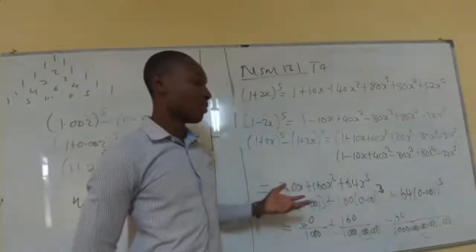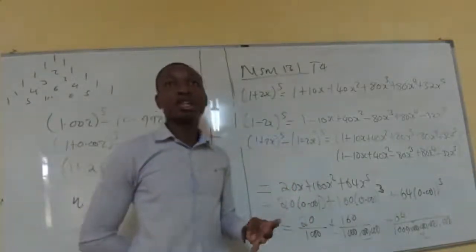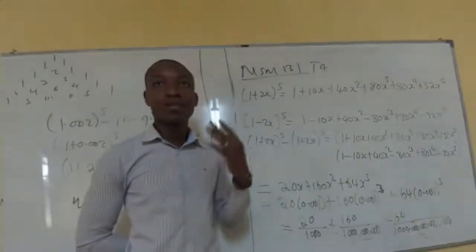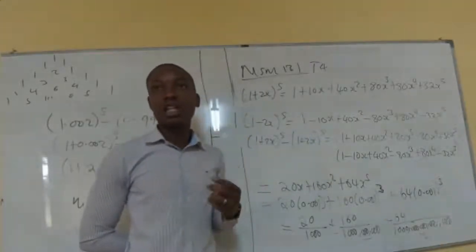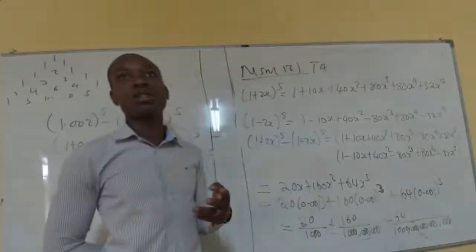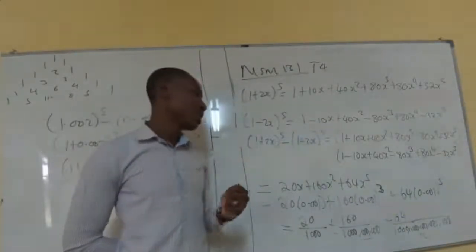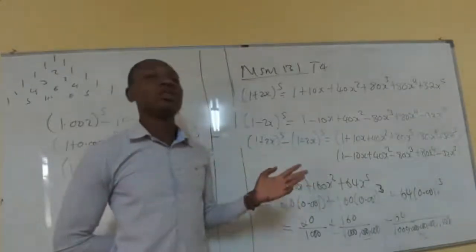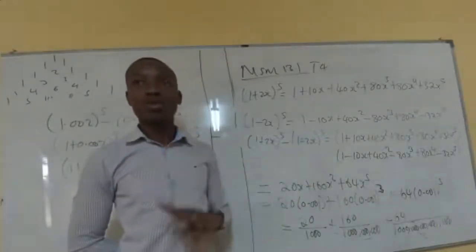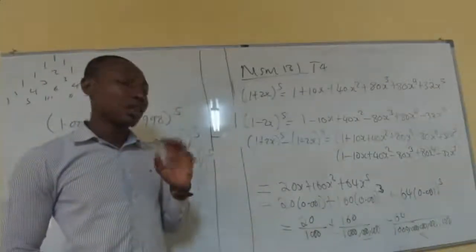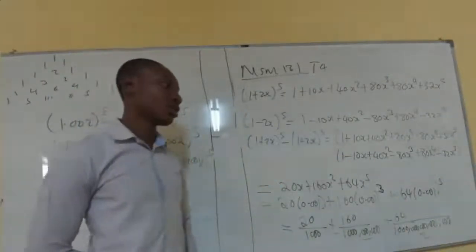Then if you raise it to the power 4, you're going to have four sets of 3 zeros. If you raise it to the power 5, you're going to have 5 sets of 3 zeros.